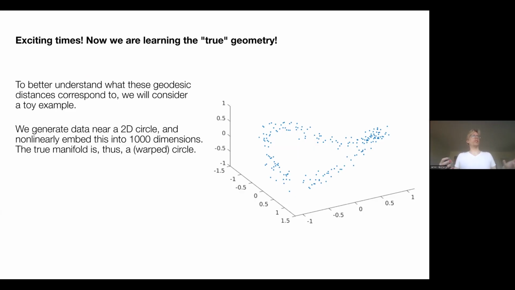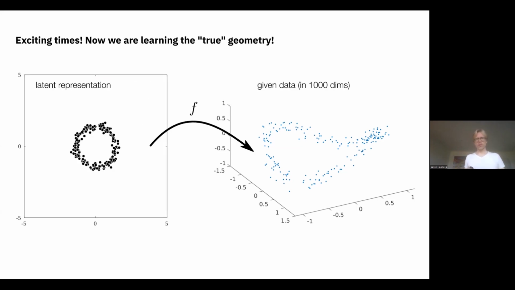And then we would expect that shortest paths, geodesics, would roughly follow this circular structure. So I'm going to fit a variational autoencoder to that. And I've done that here. And I get this wonderfully circular latent representation. Clearly, the underlying pattern has been found.